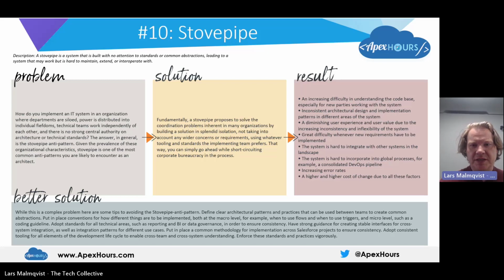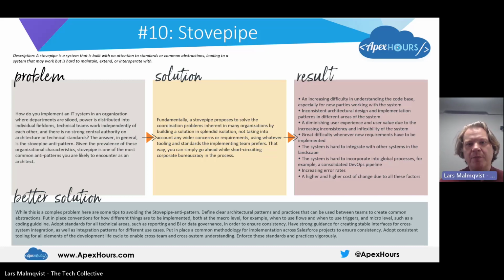You can also often see a decline in the quality of the user experience because different parts don't really work well together. You can see an inability to extend the system to new use cases. You could start facing integration challenges, increasing error rates, and certainly you will be facing a higher cost of change.